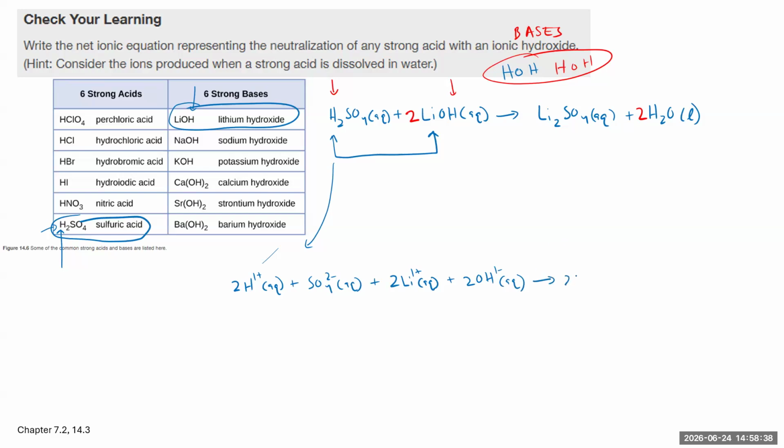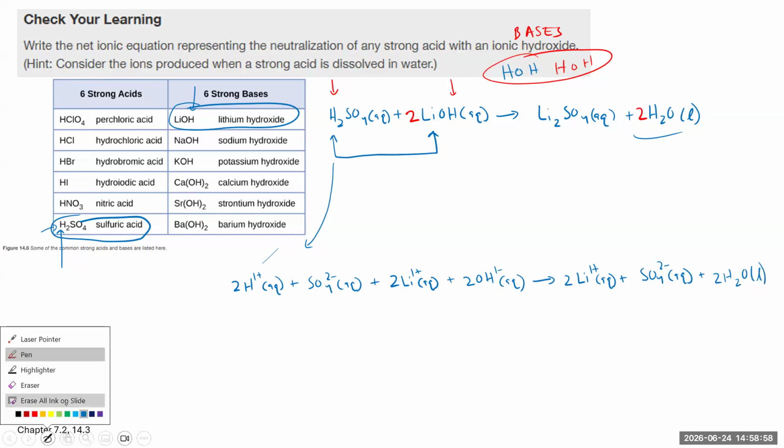Arrow, we have 2 lithiums, 2 Li 1 plus aqueous plus SO4 2 minus aqueous, and then we have these 2 waters. So 2 H2O liquid.